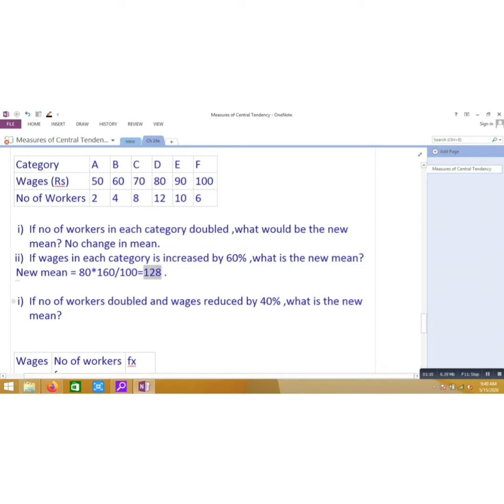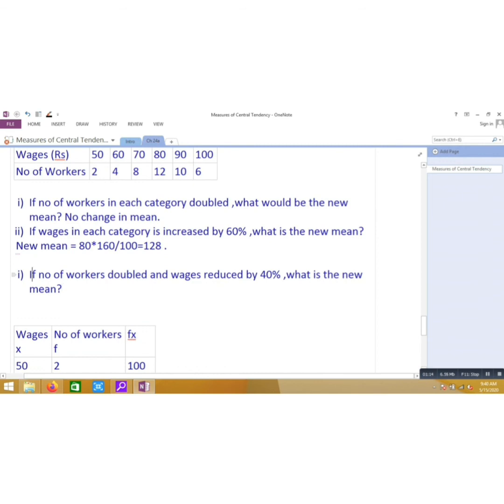Third part of the question, if the number of workers is doubled, that actually doesn't bring any changes. We have seen that in the first part. But wages reduced by 40% will impact the mean.